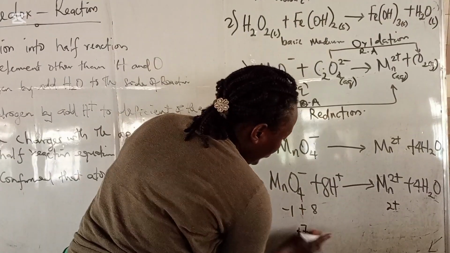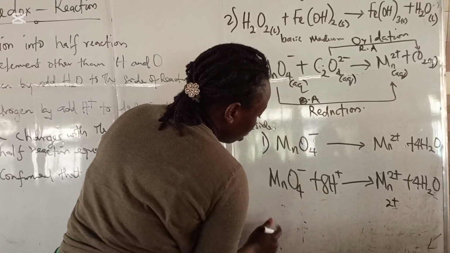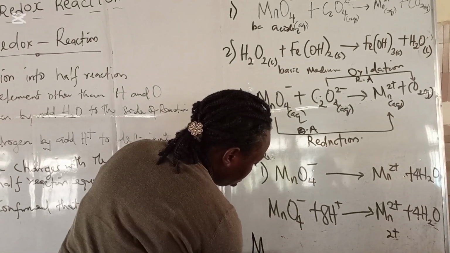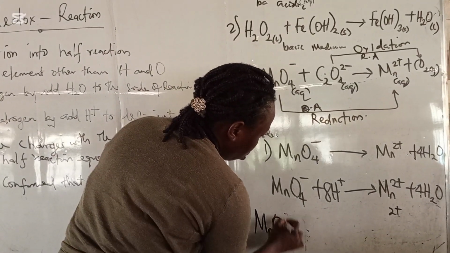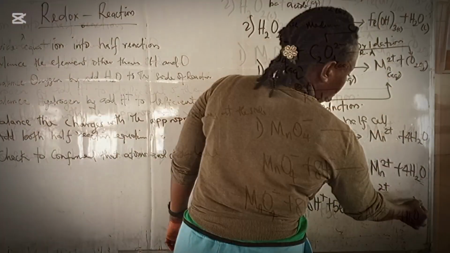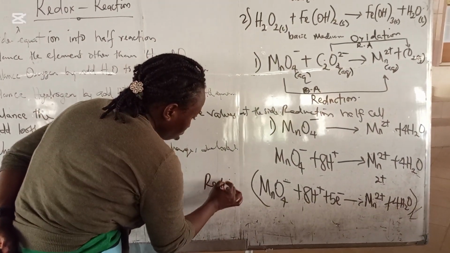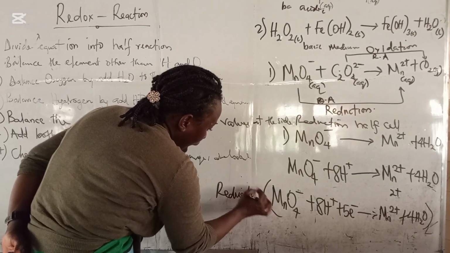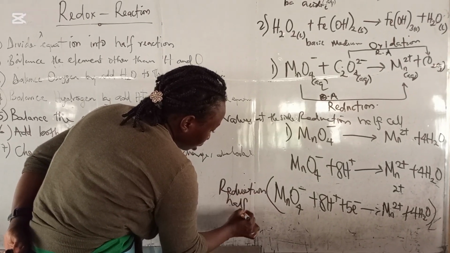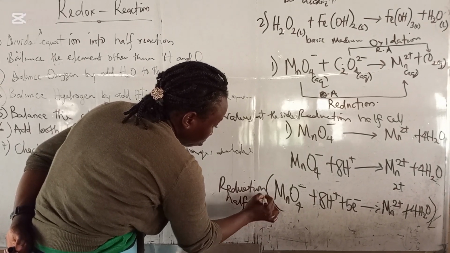So we are going to add 5 electrons to the reactant part. So it becomes MnO4- plus 8H+ plus 5e- to give Mn2+ plus 4H2O. So this is the reduction half cell, and it is balanced.